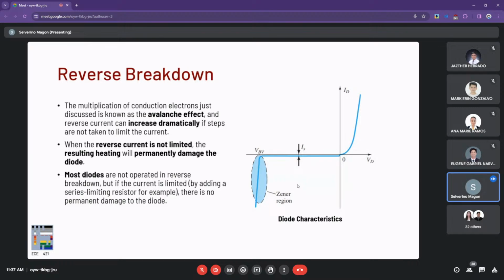But in some later discussions, we will cover specific types of these devices which are intended to operate by design using this particular portion of the response curve.